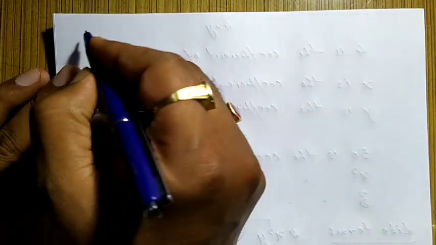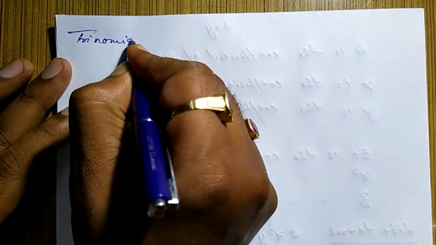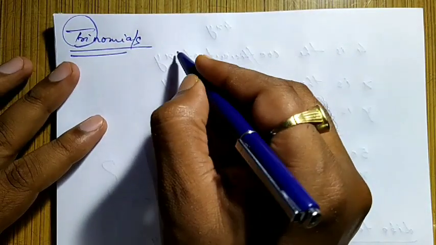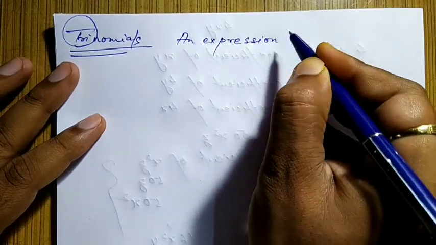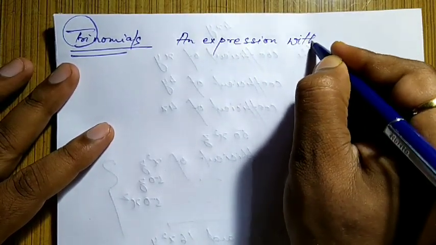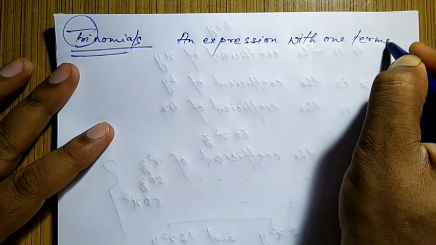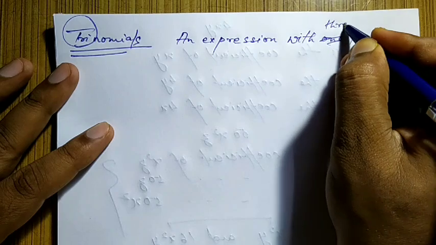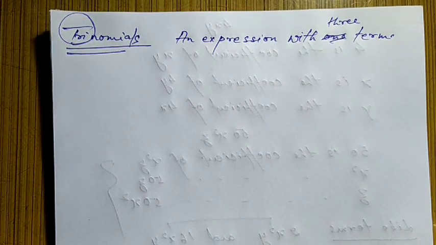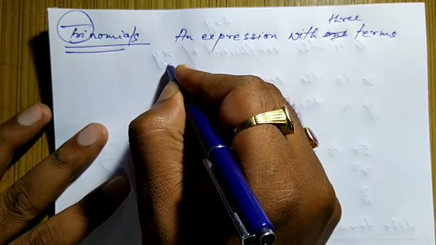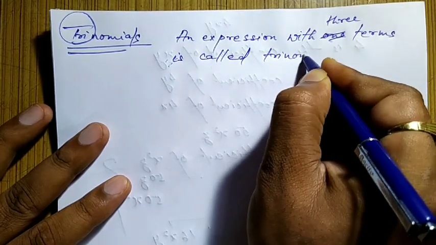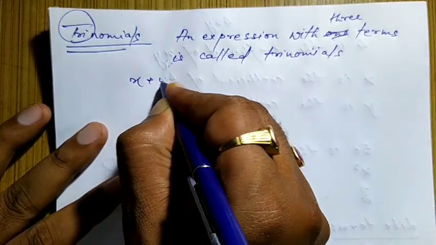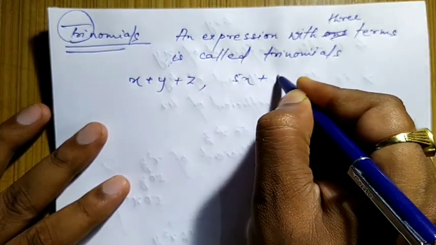Next one is trinomials. Tri means 3. So an expression with 3 terms, or an expression which contains 3 terms, is called a trinomial, like x, y plus z, 5x plus 2y plus 9.